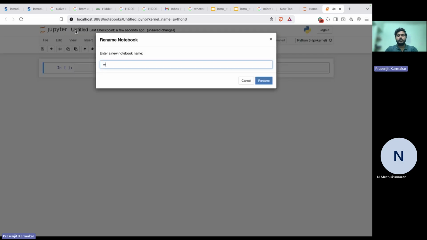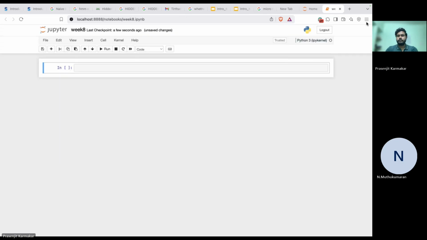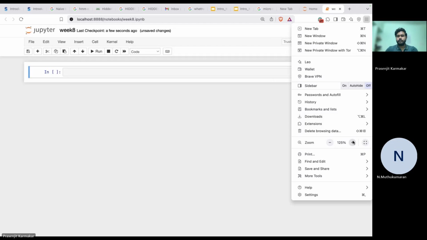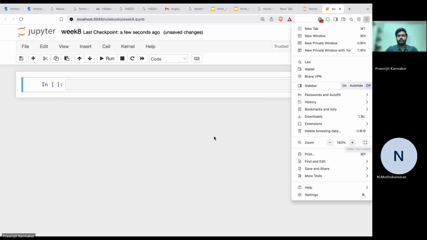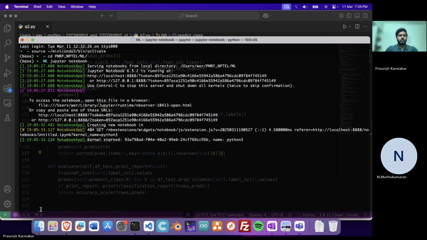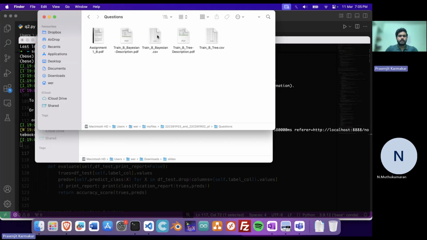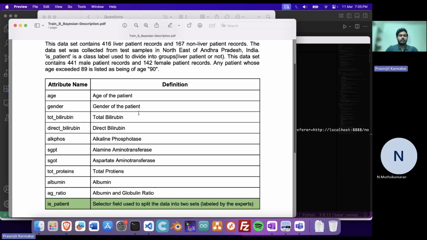So this is week 8. Here I have a dataset, train Bayesian.csv, and let's see the definition.